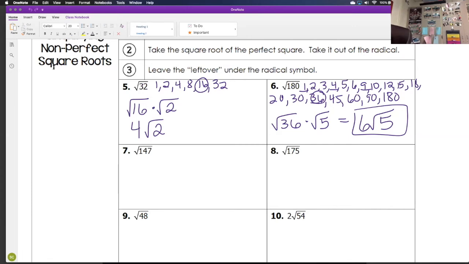On number 10, if you at least try to simplify the 54, do that. And if you actually want to take the square root of that, which would be what? Yeah, there we go. That's right, Didon. So try number 10, okay? Good job, Tatum. That's right. So try 10.